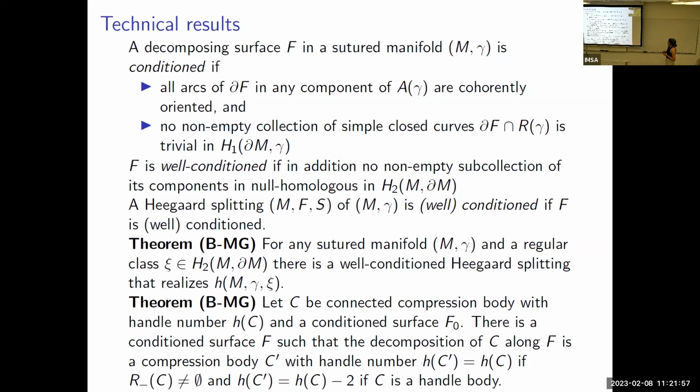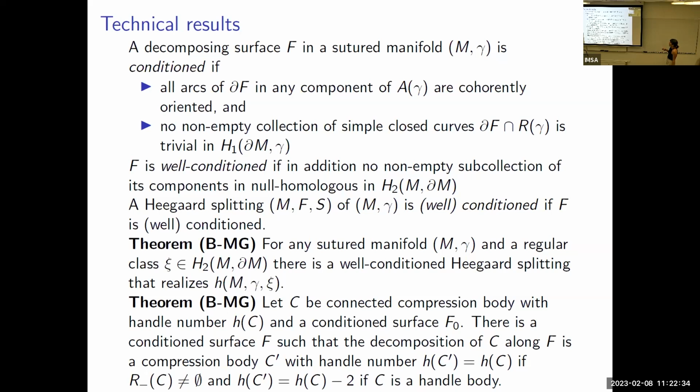We say that a decomposing surface in a sutured manifold is conditioned if all the arcs of the boundary of F in any component of an annular suture are coherently oriented, and no nonempty collection of simple closed curves of this intersection is trivial in the first homology group.